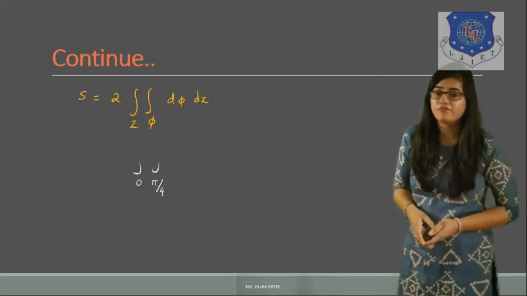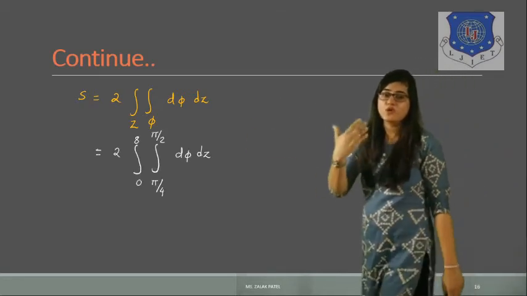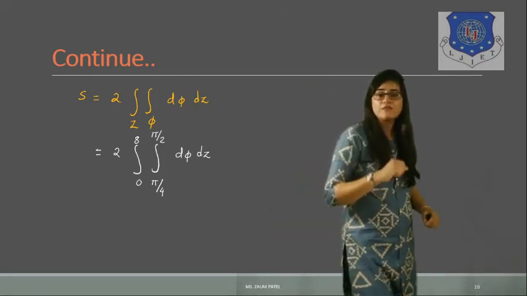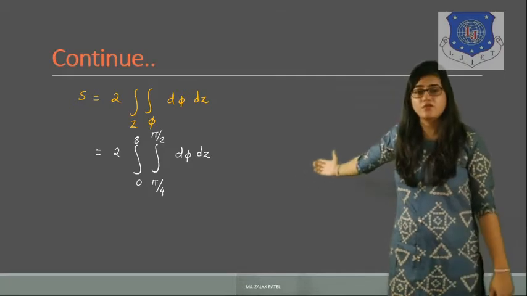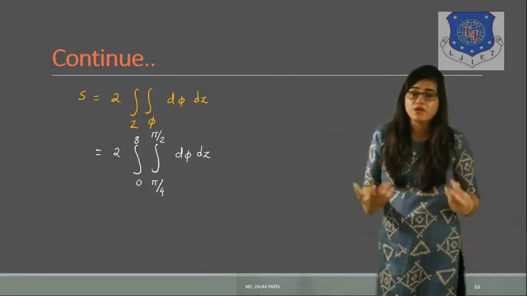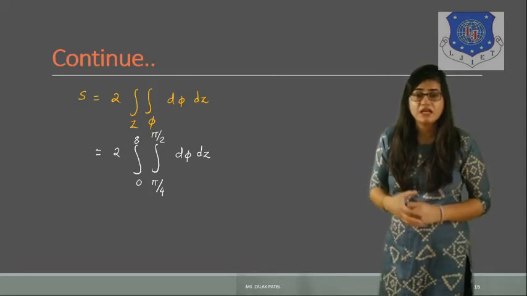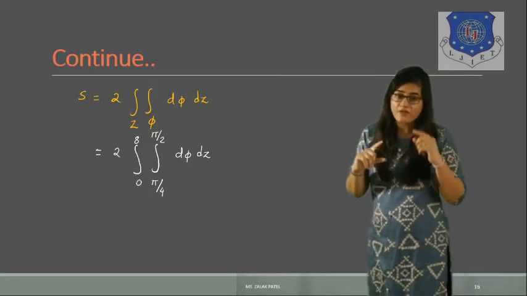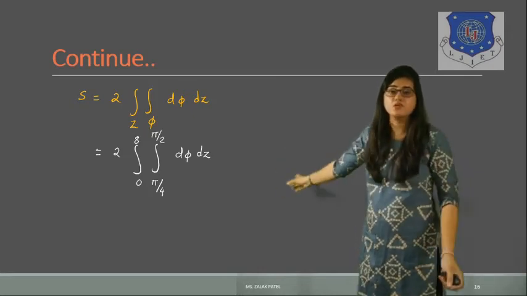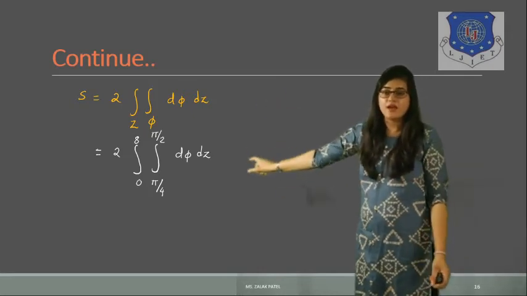Here the limit of phi is from 45 to 90 degree. 45 means pi by 4 and 90 means pi by 2. So integration from pi by 4 to pi by 2, and the limit of z is 0 to 8 meter. Height is 8 meter and height will be taken from the origin. So origin to 8 meter means 0 to 8.